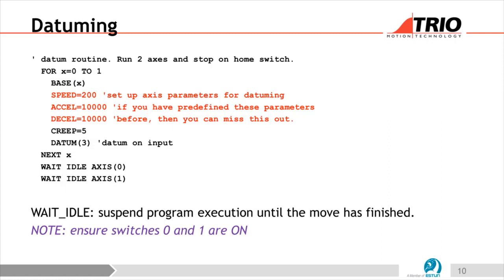This is just an overview of how the program looks. In the datum routine, you are running 2 axes and stop on the home switch. You can see they are using datum 3. So it's moving forward and it's on the switch. Right? And then they put await idle, so they suspend the program execution until the move has finished.